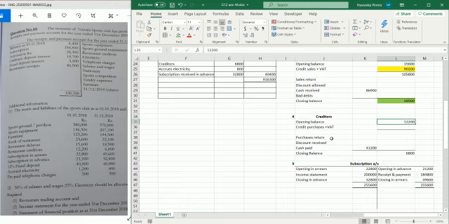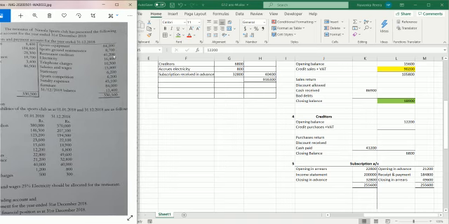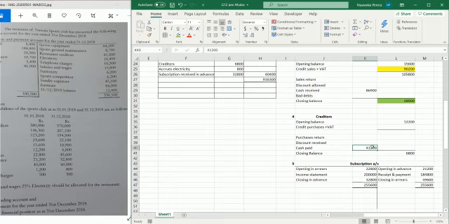And then purchases return is not given, discount received is not given. Cash paid is given, which is 41,200. I have taken this from the receipt and payment account. In the credit side, there's a balance called restaurant creditors, 41,200. This is the total amount you paid in cash for creditors. So it is recorded here.